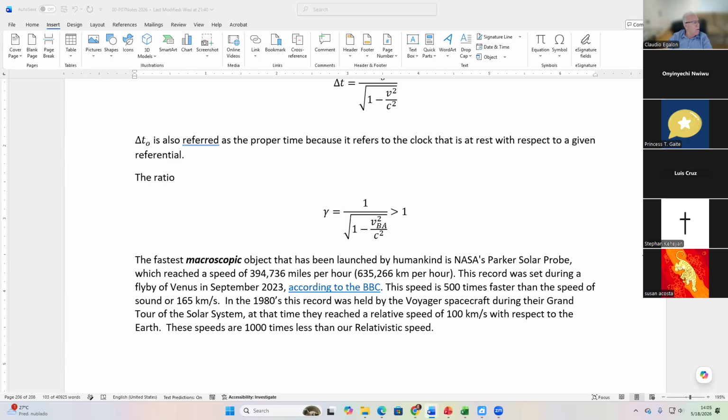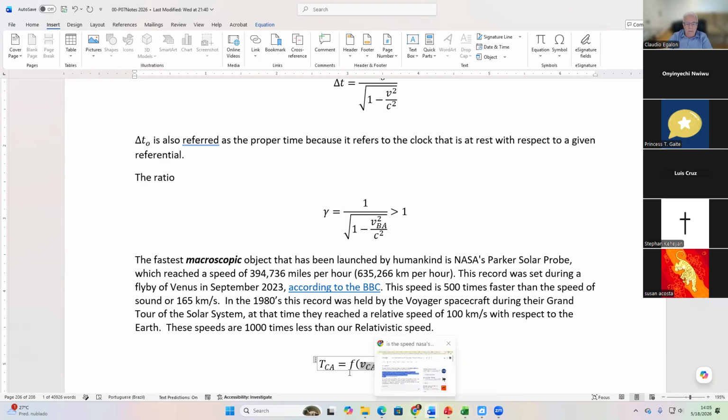Okay, having said that, now we can start talking about the phenomenon of length contraction. But just remember, the period of a light clock is a function of the velocity of that clock.